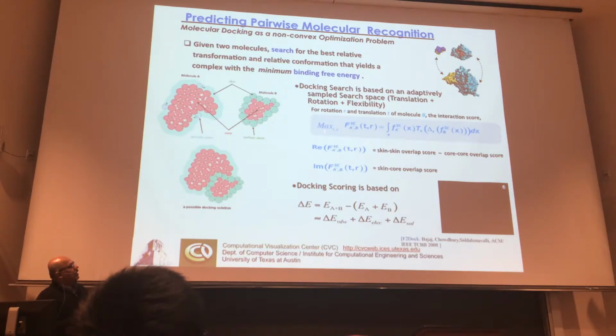So the optimization problem in this mathematical framework is set up as: find the transformation which maximizes the scoring affinities between molecule A and molecule B under all possible motion samples or all possible transformations, right?